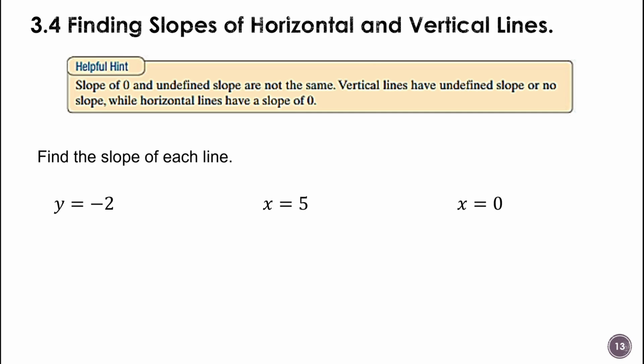So the first line, y equals -2, is a horizontal line, so it has a slope of 0. X equals 5. Remember, we're learning to recognize this is a vertical line, and it will have a slope that's undefined.